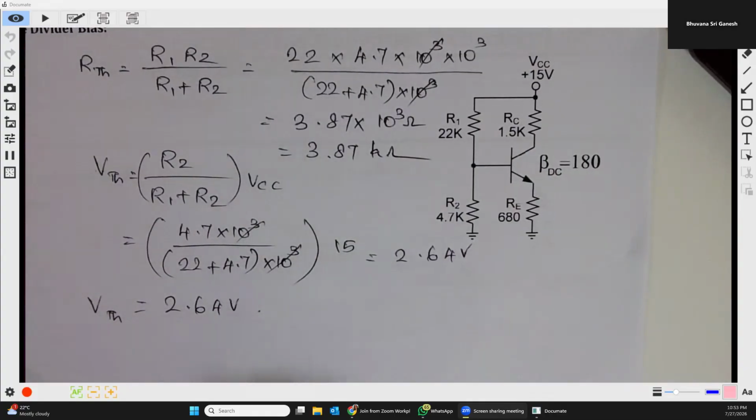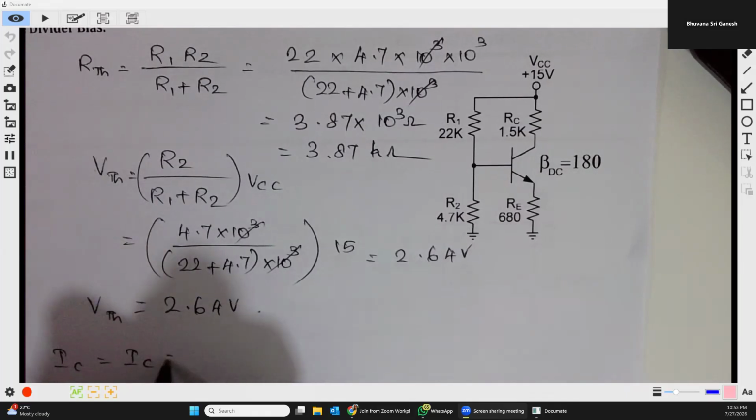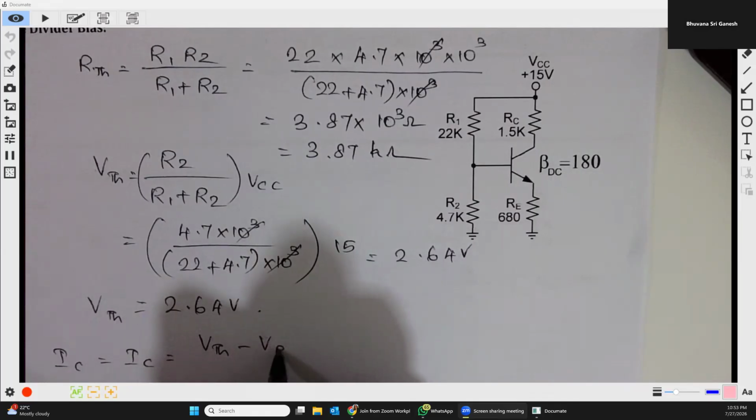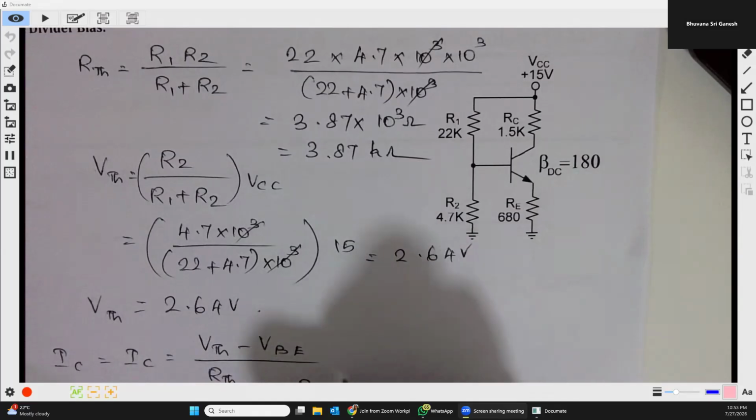Now we are going to put them in the formula for IE or IC, which is equal to VTH minus VBE over RTH divided by beta DC plus RE, by formula.